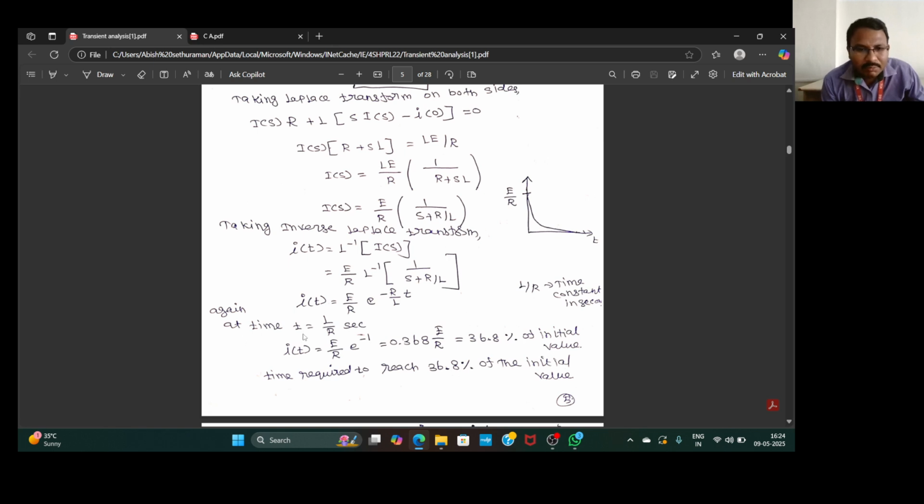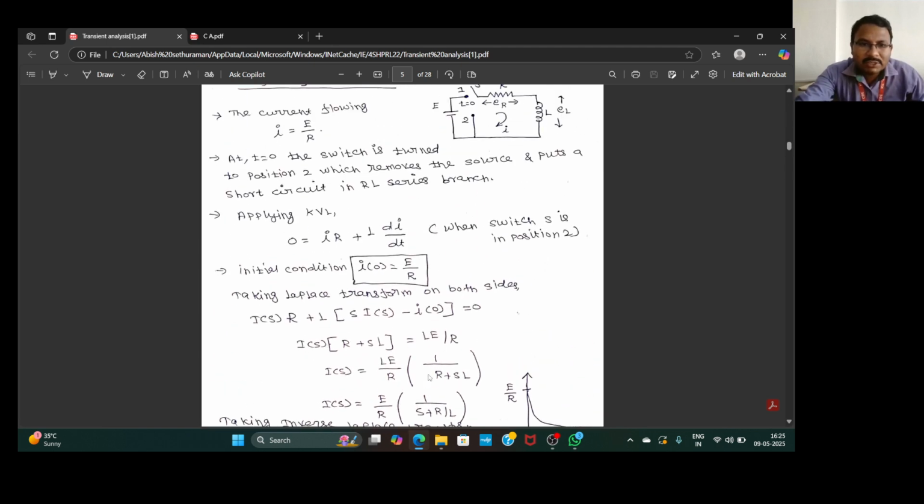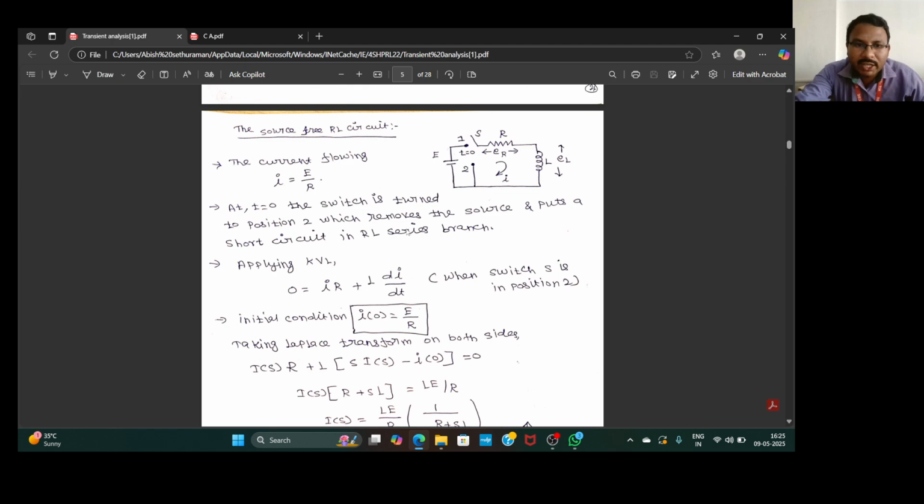Again, the time constant is L by R, in seconds. Then at t equal to L divided by R seconds, I of t equal to E by R e power minus 1. Substituting the e power minus 1 value, 0.368, we obtain 36.8 percentage of the initial value. That is the time required to reach 36.8 percentage of the initial value.